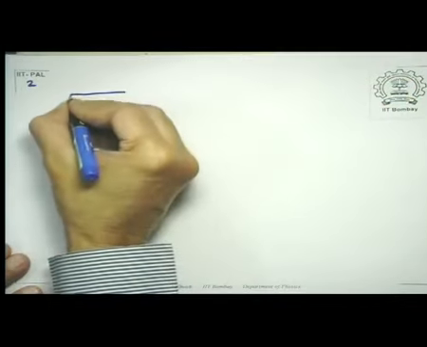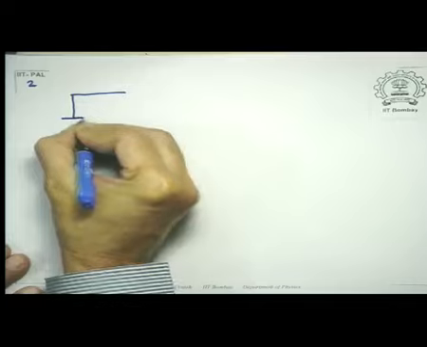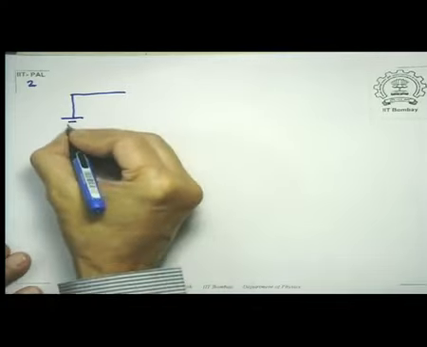So let us return to the example that we had started working out towards the end of our last lecture, but couldn't complete it. So supposing I have a combination of resistances like this.